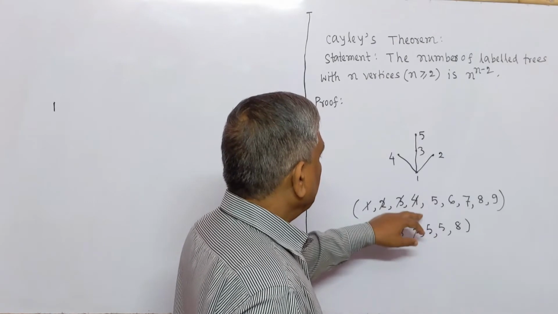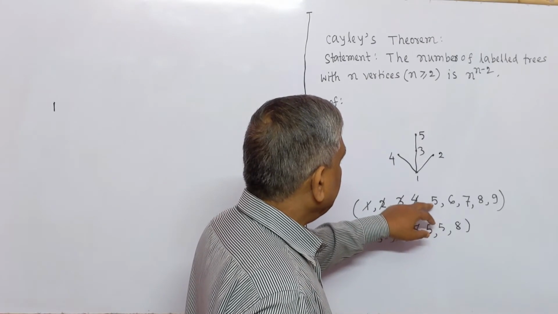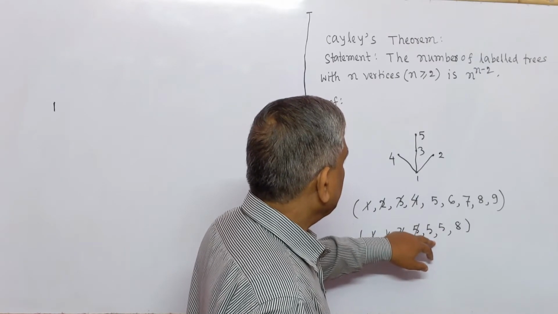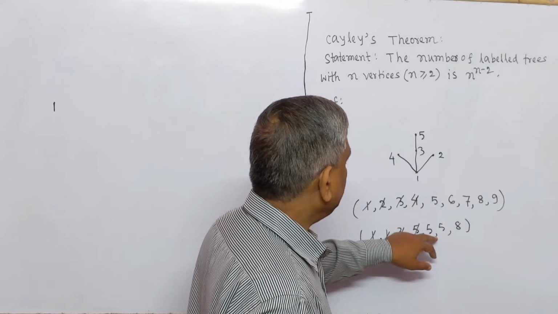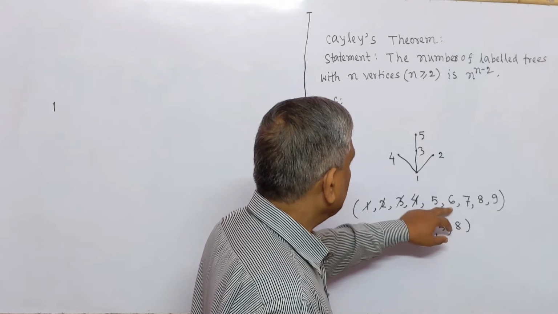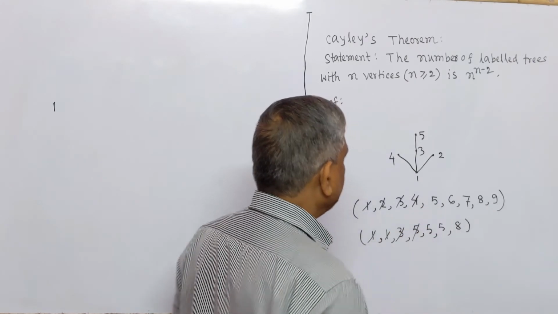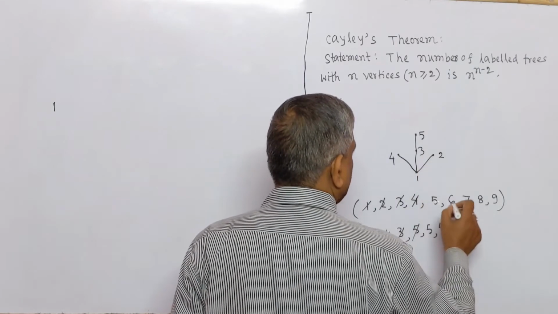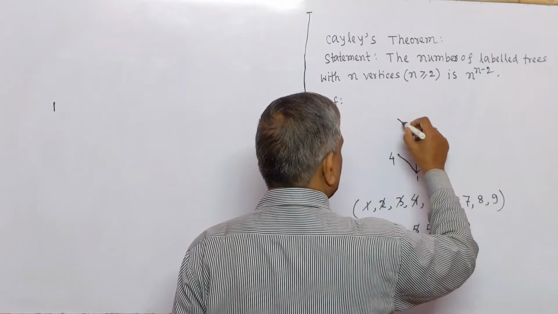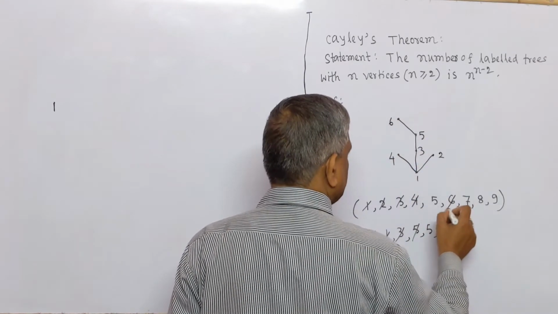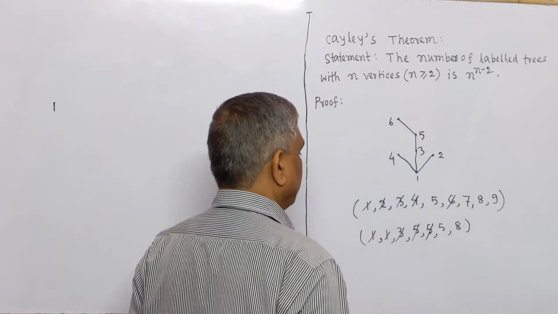Here we find the number which is not present in this sequence. Here 6 is not present. So we take 6 and the first number 5. We connect 6 and 5. We cancel 6 here, we cancel 5 here.